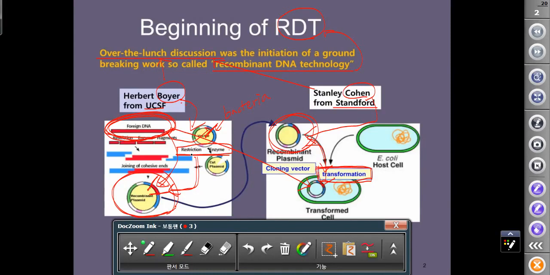It's going to cost you a lot. But if you use this technology, you can produce insulin, for example, from E. coli in large quantity. Okay, so that's why this is a breakthrough work.